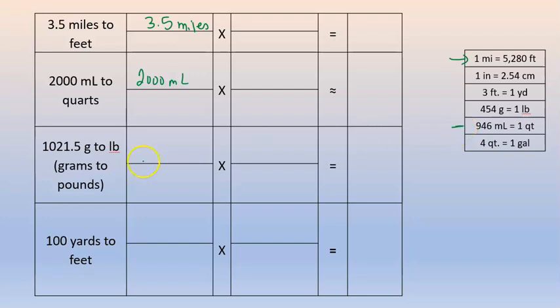And then I'm going to do this 1021.5 grams, and I want that to go to pounds, and there it is right there. And then I have this 100 yards, and I have that right there. So see, just do 1 or 2 of these just to make sure that you know how to do them. Pause the video, and then come back in and I'll give you the answers.